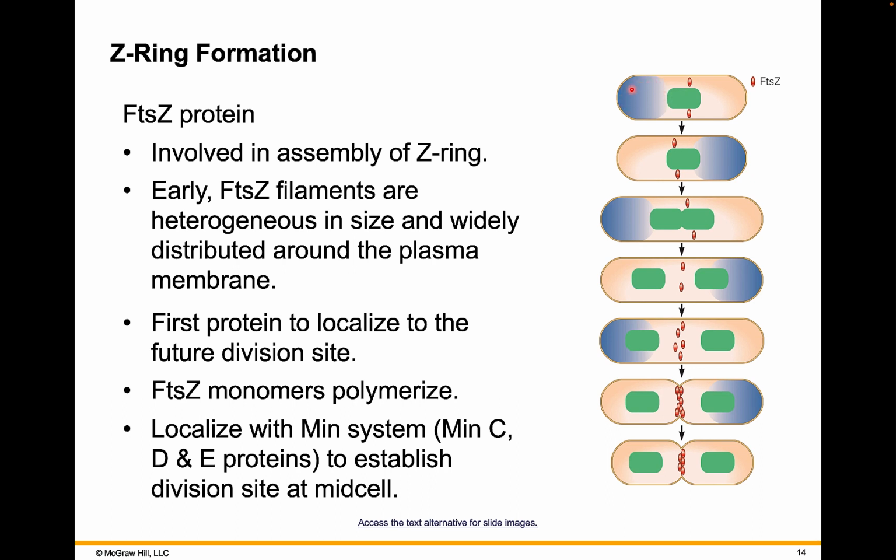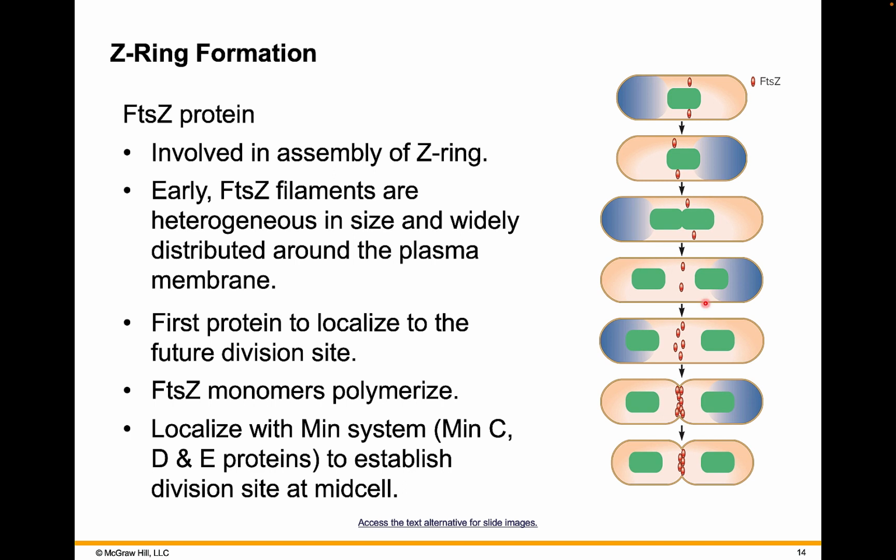So if this area is high in MinCDE, the FtsZ will not polymerize. It will try to polymerize here. After some time, the concentration of MinCDE increases on the other pole. So on this side, it will not polymerize. It will start to polymerize in this well. So this oscillation happens on each side and either pole.